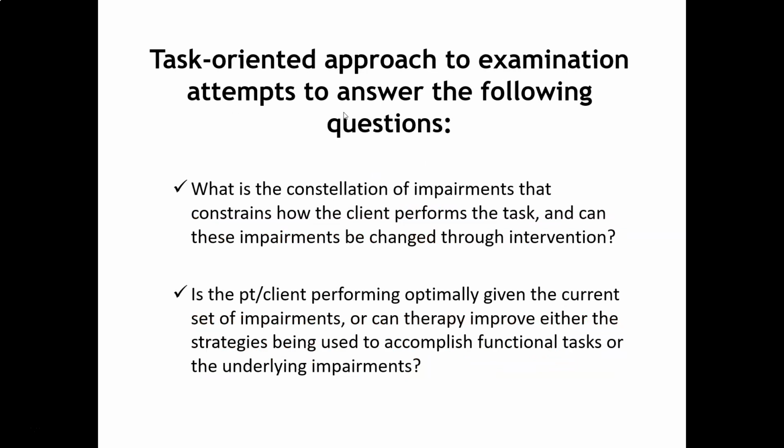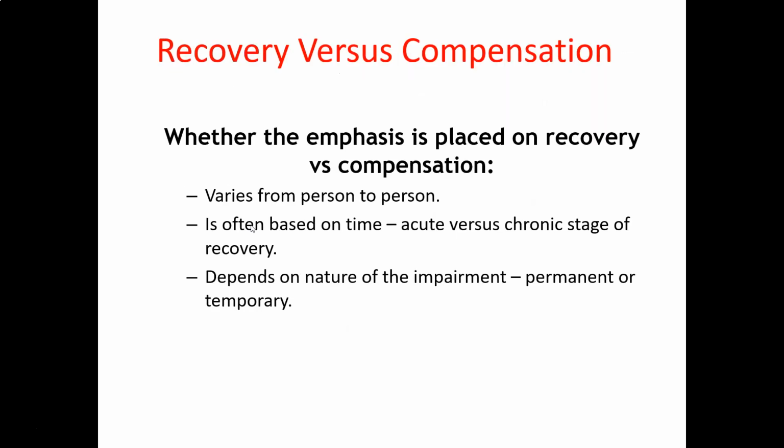A task-oriented approach to examination also attempts to answer what is the constellation of impairments that constrains how the client performs the task, and can these impairments be changed through intervention? Can we even make a change? Is the patient-client performing optimally given the current set of impairments, or can therapy improve either the strategies being used to accomplish functional tasks or underlying impairments? Again, some of it is repetitive, but really you need to be able to answer these questions if you're going to use a task-oriented approach.